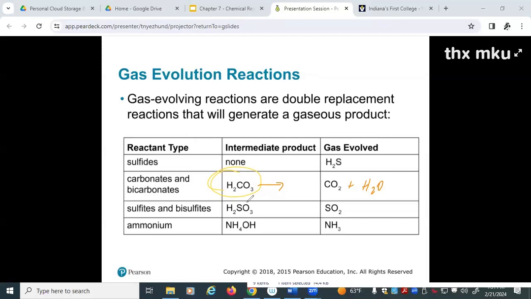We see similar things happening with sulfurous acid. We'll get sulfur dioxide and water as byproducts, or ammonium hydroxide will break down into ammonia and water.